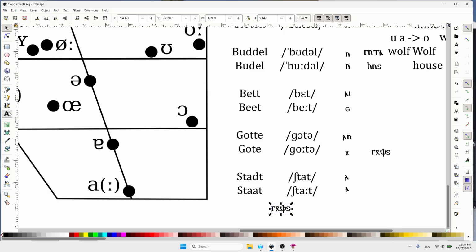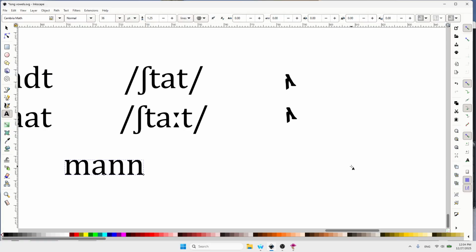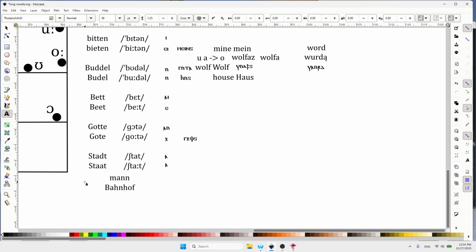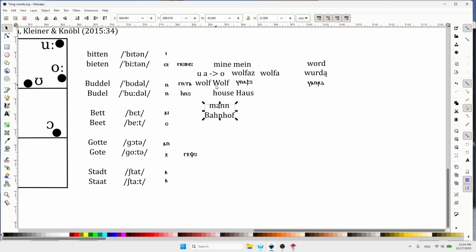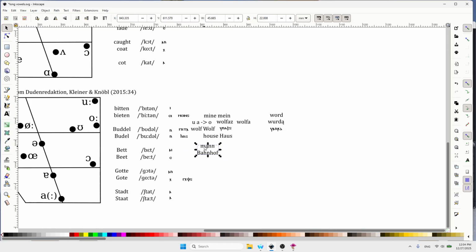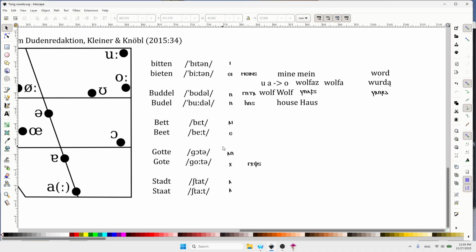Here is an example of something where, if you don't distinguish between short and long vowels, it might just sound like they're pronounced the same, like, oh, Stadt, Staat. What's the difference? When I was learning German, I did not realize that, for example, the A in Mann was shorter than the A in Bahnhof. If you don't really pay attention to vowel length, you might not realize that.